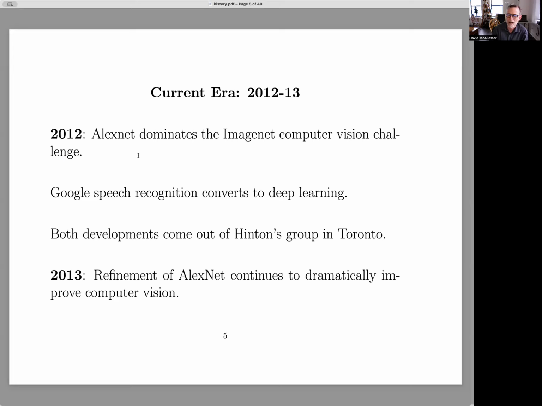This was, at the time, by far the most challenging image classification data set in existence. And there was a competition at the prominent computer vision conference, CVPR, and a deep neural network destroyed the competition, just dominated the field.